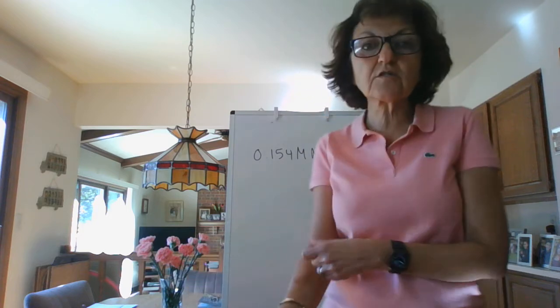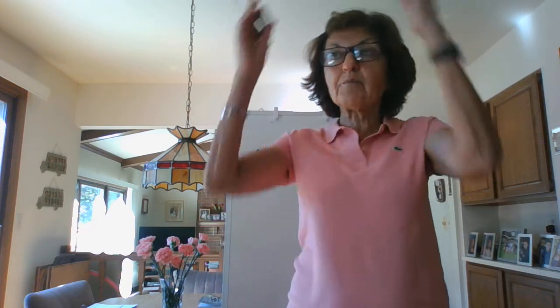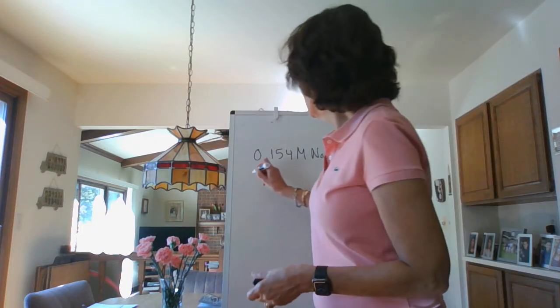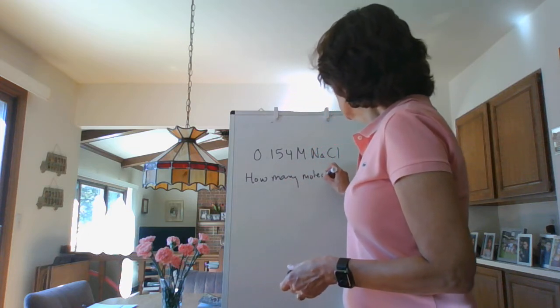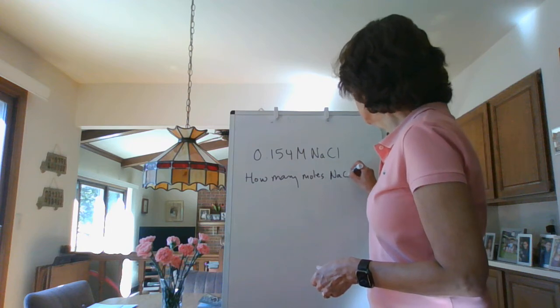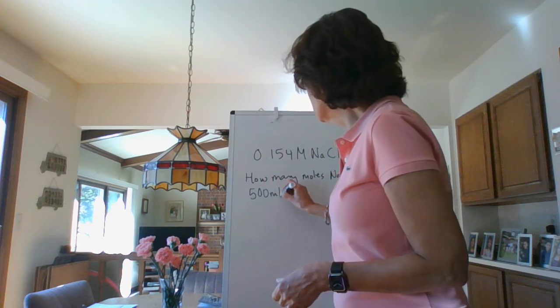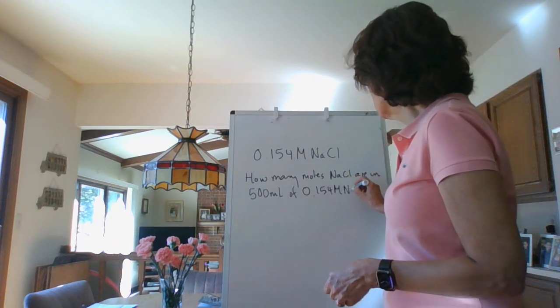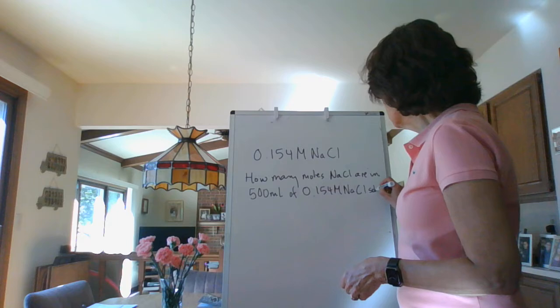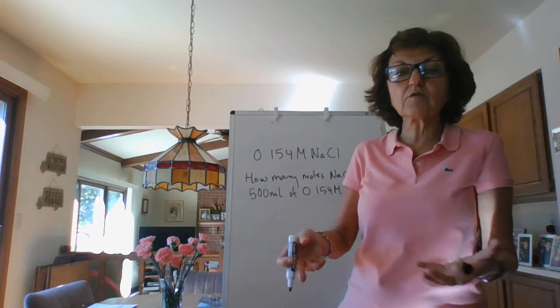That is the molar concentration of the physiological saline. All right, and they put a bag, maybe like a 500 ml bag on your IV. So you want to know how many moles of sodium chloride are in 500 mL of this 0.154 molar sodium chloride solution. So like I said, that IV bag is 500 mL. This is the concentration. You want to know how many moles of sodium chloride that is.